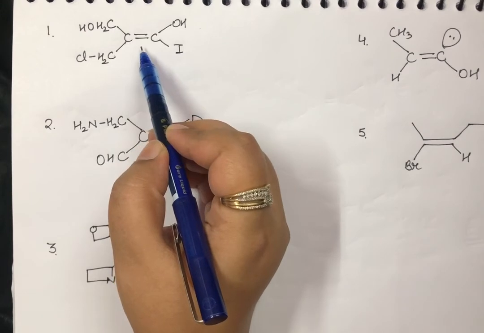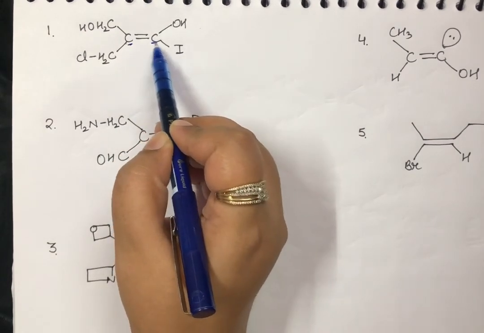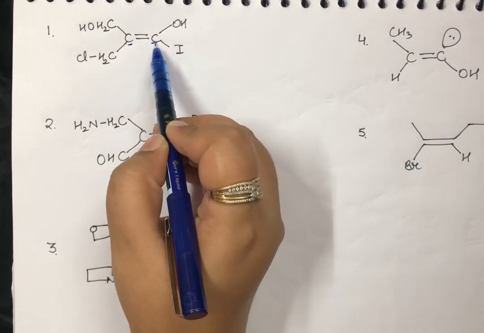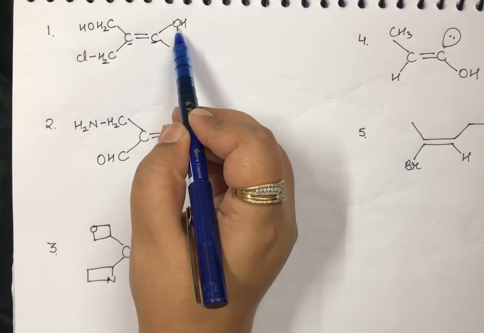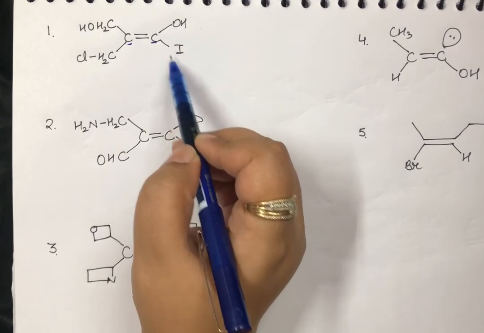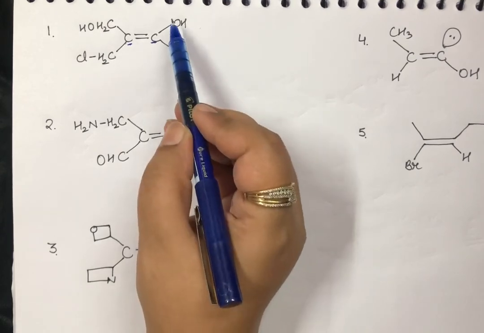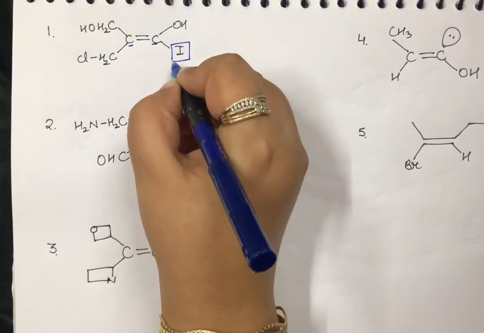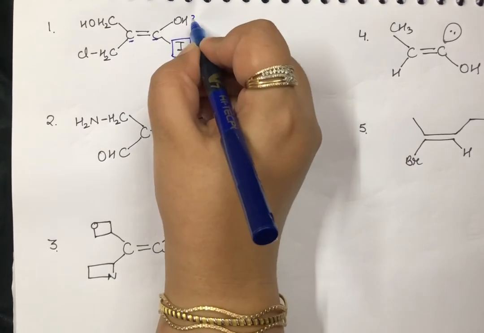So I have this question here. I have this carbon and this carbon which is doubly bonded. So if I talk about this carbon, it is attached to an oxygen and it is attached to an iodine, and we know iodine is much bigger than OH and it is definitely having a higher atomic number than oxygen. So which is of more priority? This is of more priority 1 and this is going to be 2.